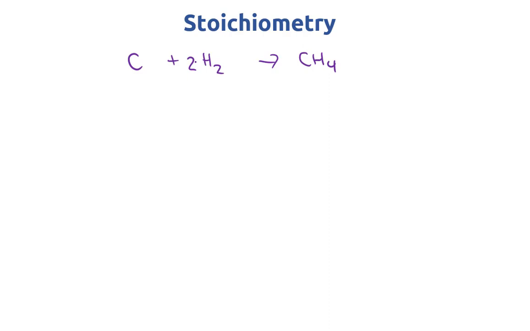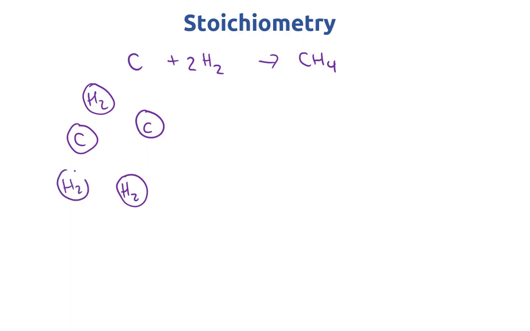So let's say that instead of considering 1 particle of carbon to 2 particles of hydrogen, we have 2 particles of carbon and 4 particles of hydrogen. Those are going to react to make CH4. The 1-to-2 ratio means every time we have a single carbon, it needs 2 hydrogens to react with.